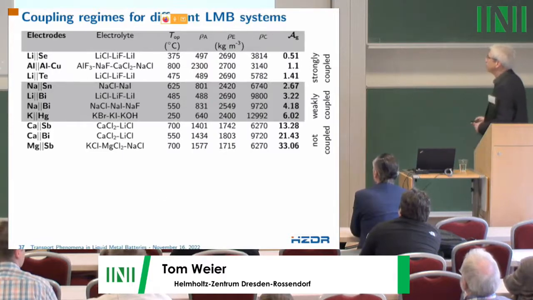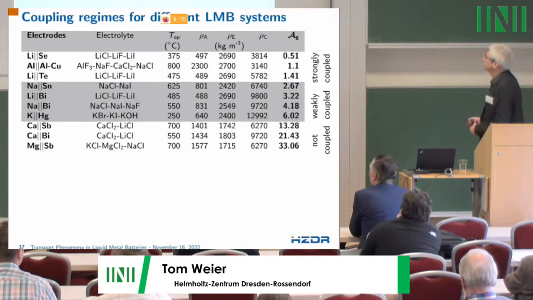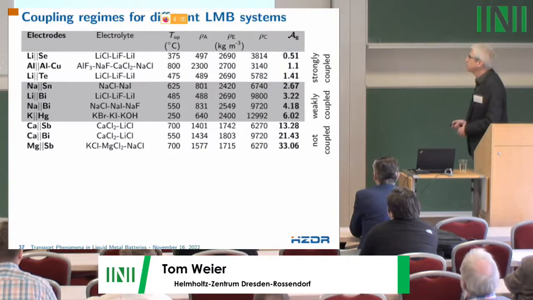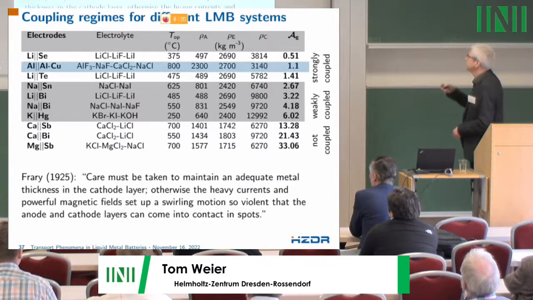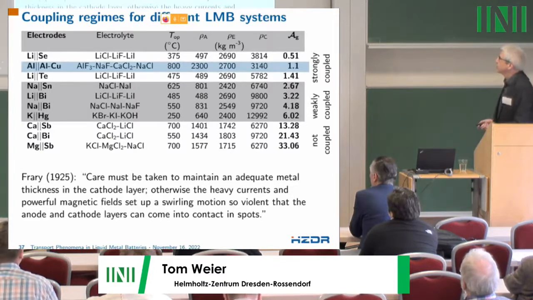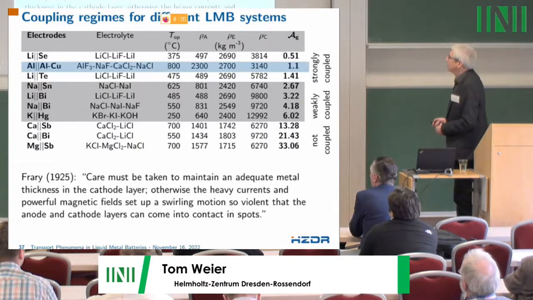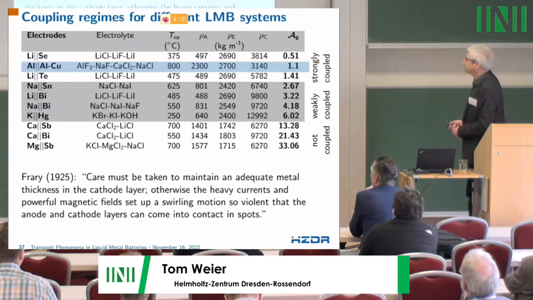Then Norbert and Gerrit came up with this table. They found out that we have so many liquid metal battery systems that we can find all regimes there that we can dream of. And there is one special liquid metal battery that's not really a liquid metal battery, but it's an aluminum refinement cell. And this aluminum refinement cell has almost a density jump ratio of 1.